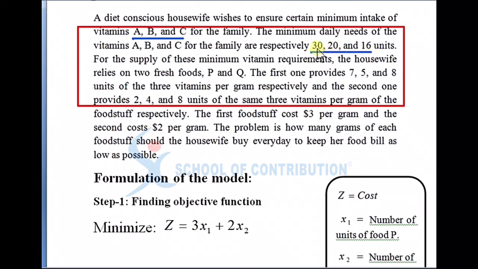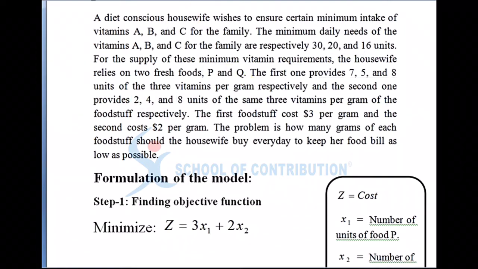So in a day she needs at least 30 units of vitamin A, 20 units of vitamin B, and 16 units of vitamin C. And we are also given information that she gets 7 units of vitamin A, 5 units of vitamin B, and 8 units of vitamin C from every gram of food purchased for P. And then she gets 2 units of vitamin A, 4 units of vitamin B, and 8 units of vitamin C from every gram of food Q.